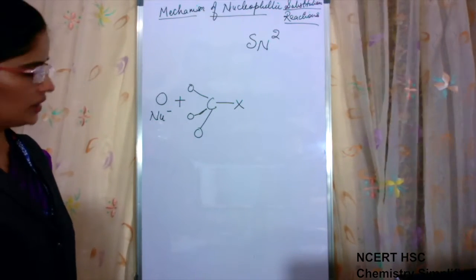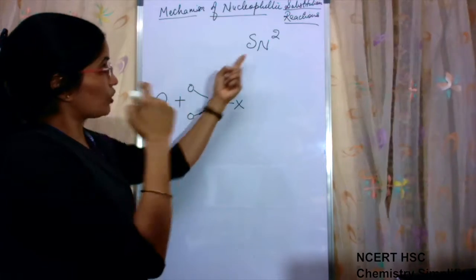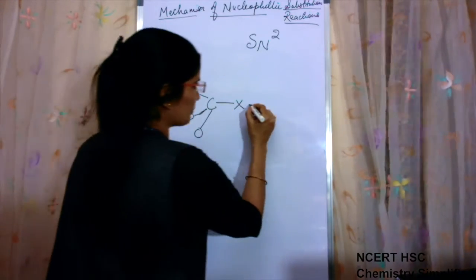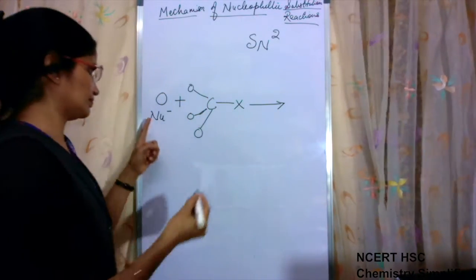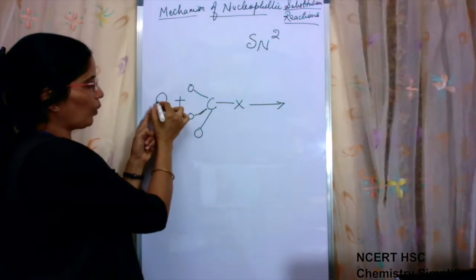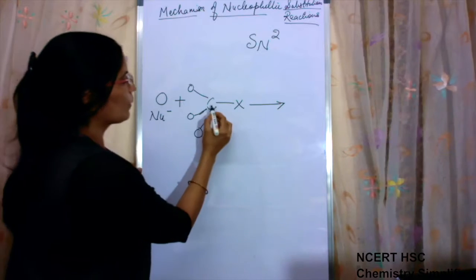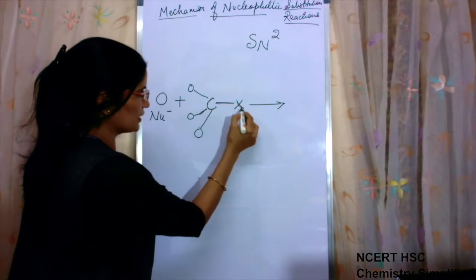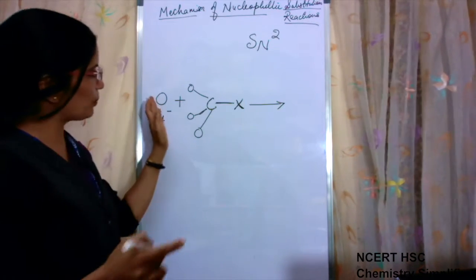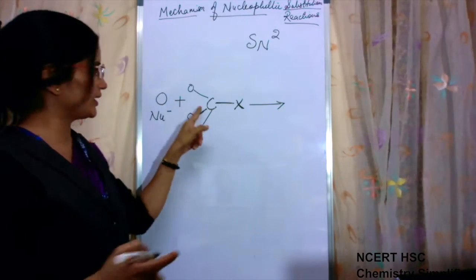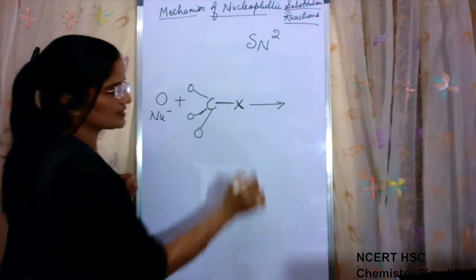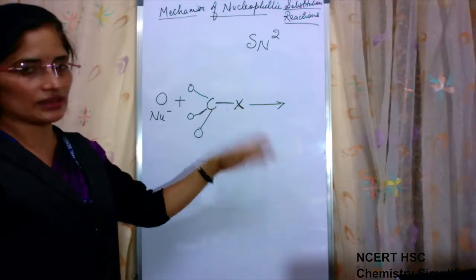Now in case of the SN2 mechanism, what will happen next? The nucleophile always attacks from the backside of the molecule. Backside means where the halogen atom is attached, the nucleophile will always attack opposite to that. It will never attack from the front side where the halogen atom is attached.